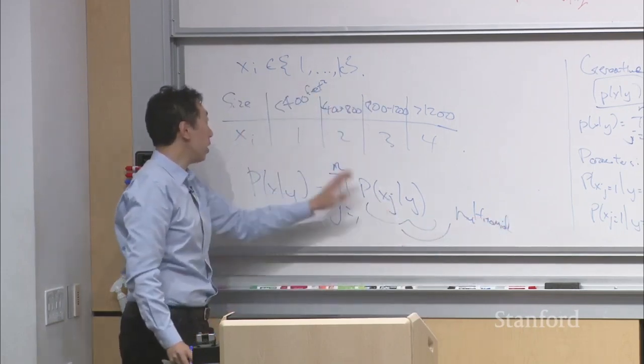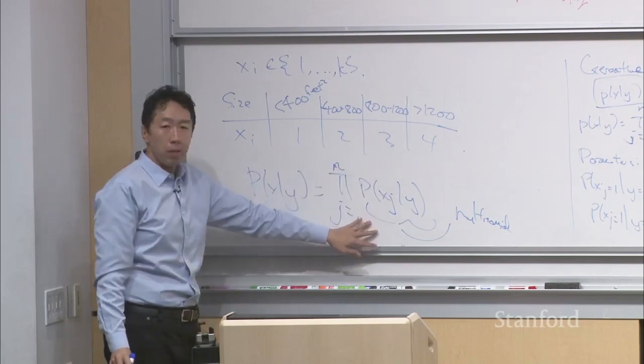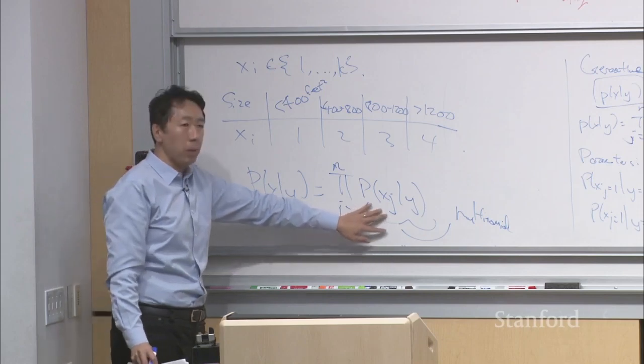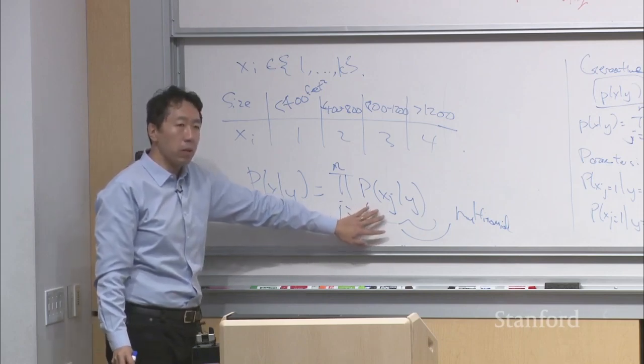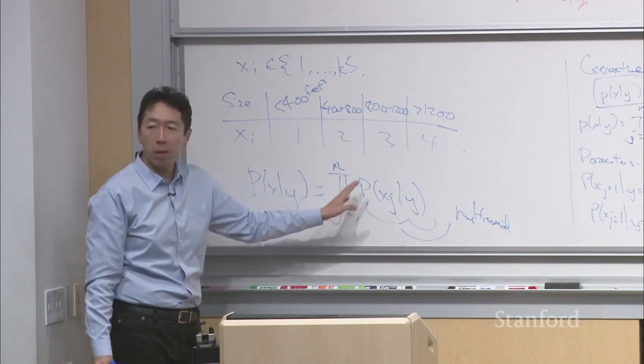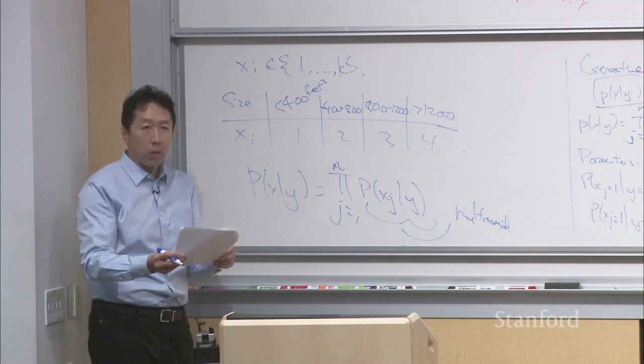Where if x now takes on one of 4 values, say, then this can be estimated as a multinomial probability. So instead of a Bernoulli distribution over 2 possible outcomes, this can be a probability mass function over 4 possible outcomes if you discretize the size of a house into 4 values.